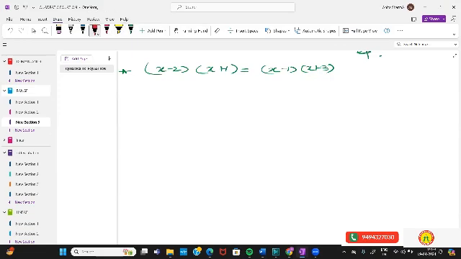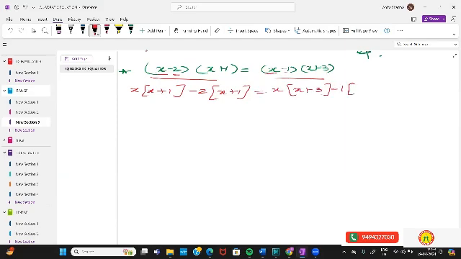So what will you do here? First of all, we will multiply both the brackets. So here we have binomials, right? So you will multiply x plus 1 by x, then minus 2 with x plus 1. Multiply x plus 3 with x. And then here is a minus sign, so write the minus sign, then x plus 3.